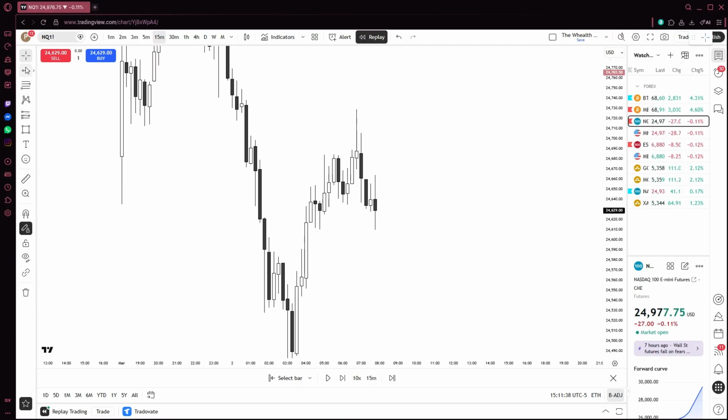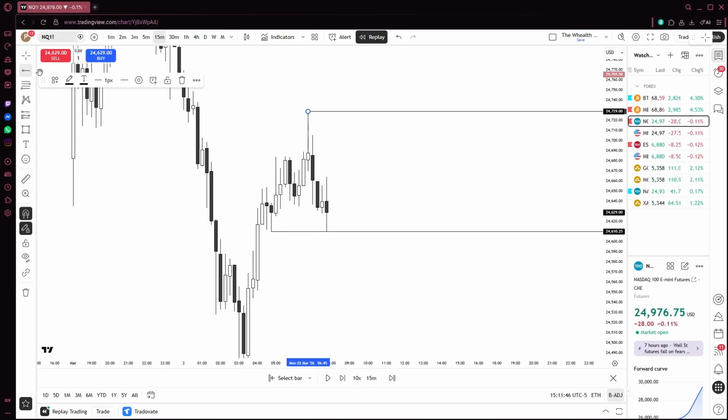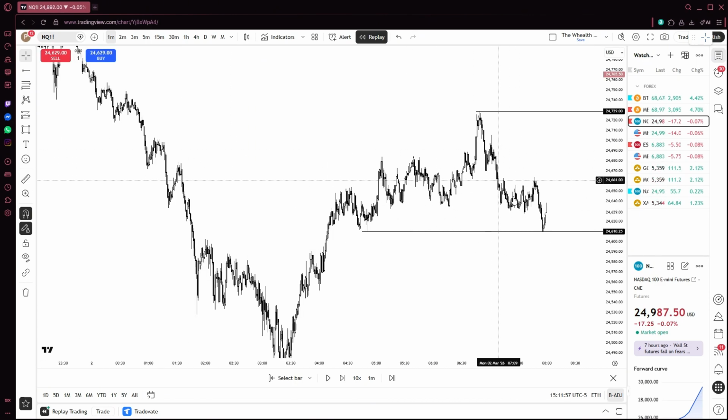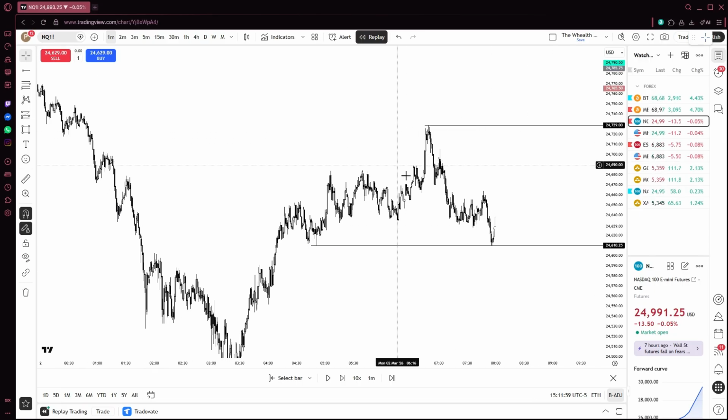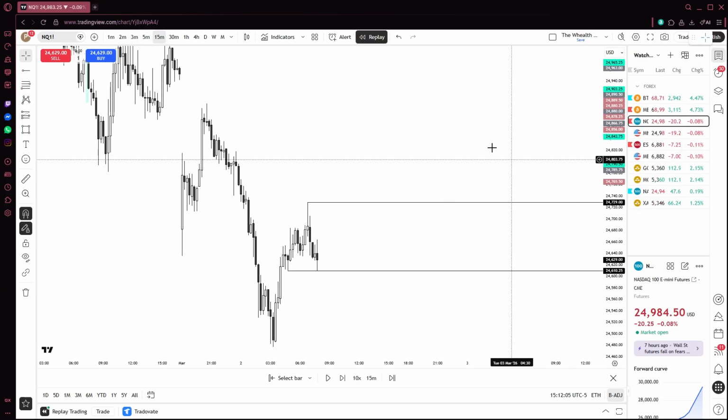So after we swept this liquidity, which is obviously the next liquidity, I scaled to the lower time frame and searched for a PNF model. We got a PNF model, and then I targeted this 15-minute liquidity.